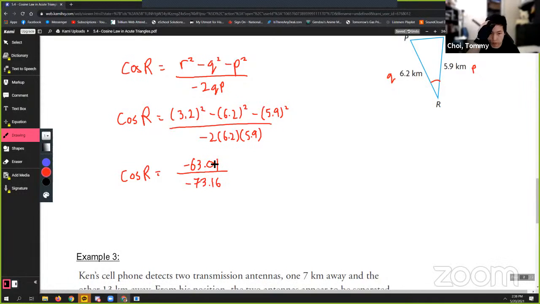Okay. What this allows us to do now is just cos inverse this, right? I can cos inverse the fraction.